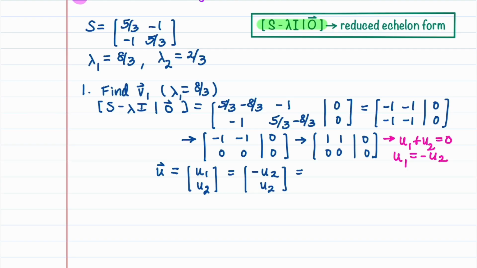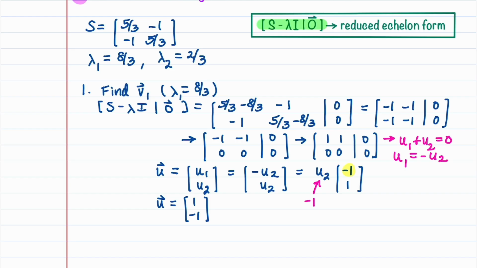Pull the U2 out, so we have U2 times [−1, 1]. Now we get to choose U2. It's really nice if our first component in our vector, I'm looking at this component right here, is positive. So I'm going to choose U2 to be −1. And this tells us that U is equal to [1, −1].